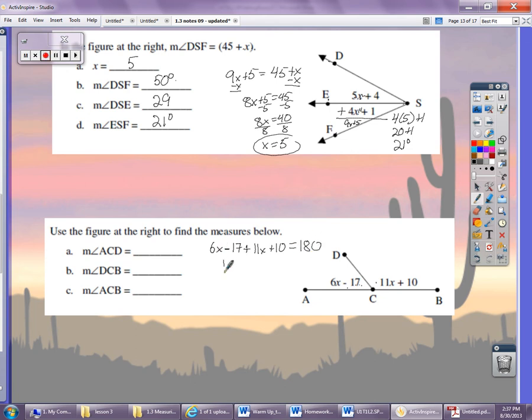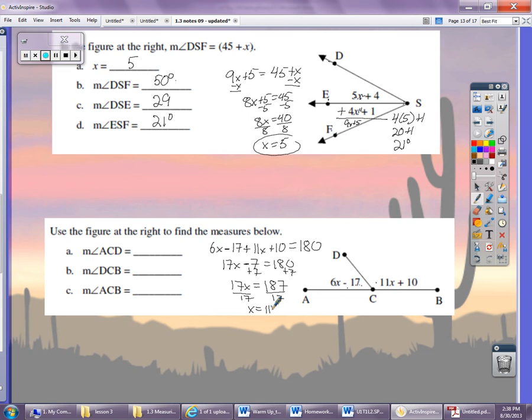We combine our like terms, we get 17x minus 7 equals 180. We add 7 to both sides, 17x equals 187. We divide by 17, x is going to equal 11.